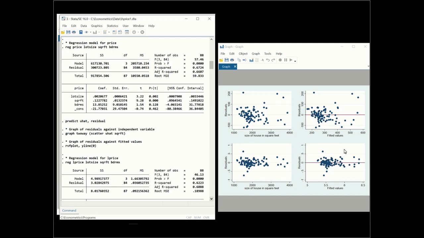So the reason we're looking at these graphs is we want to see graphical evidence of homoscedasticity or heteroscedasticity. Basically, we want to see if these residuals are increasing or decreasing in terms of one of the independent variables.